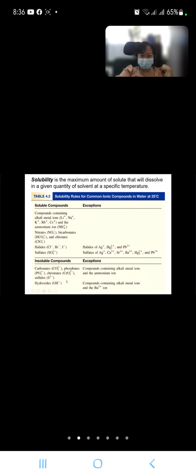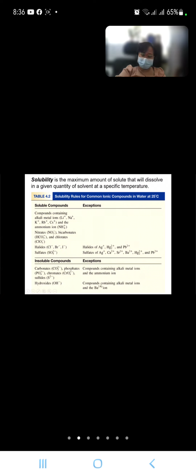Hydroxides are also insoluble except when bonded with alkali metal ions and barium ion. For example, sodium hydroxide. Sodium is an alkali metal. So calcium hydroxide is insoluble.